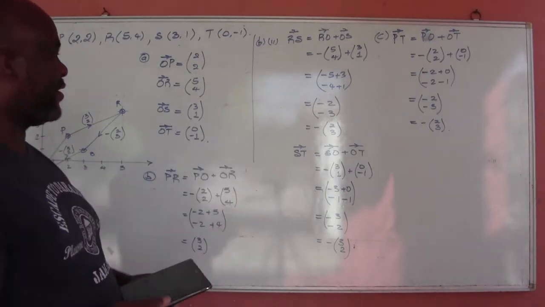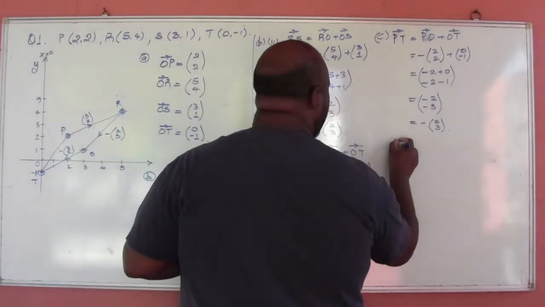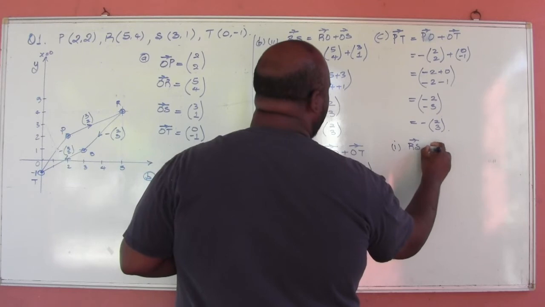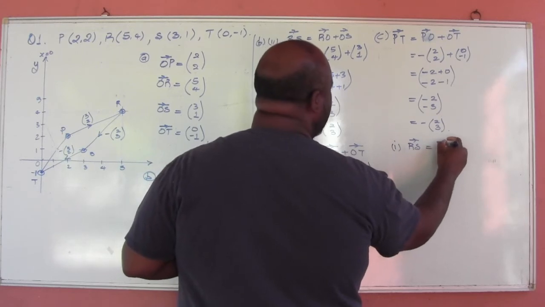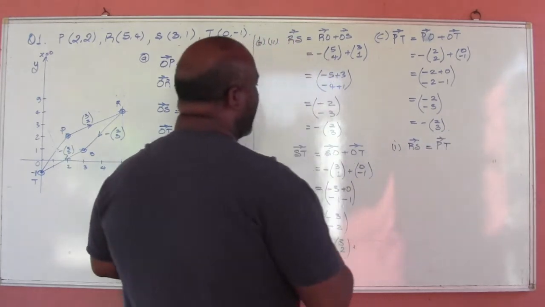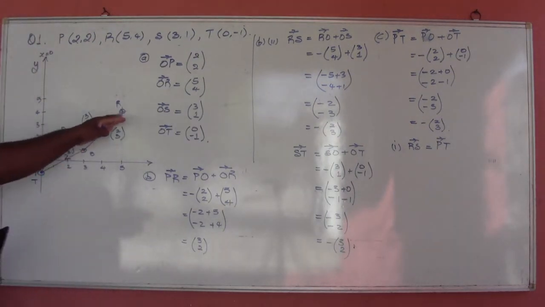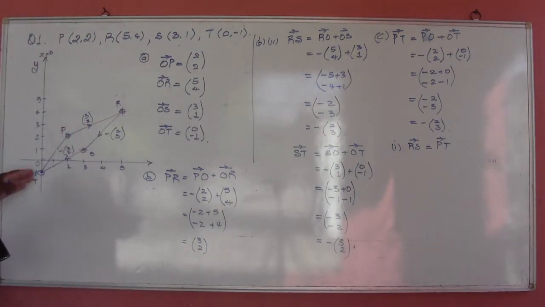So RS is equal to the vector PT, and we already established that RS and PT are opposite sides of this quadrilateral.